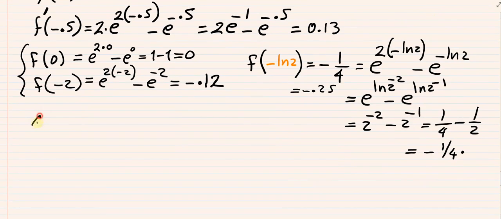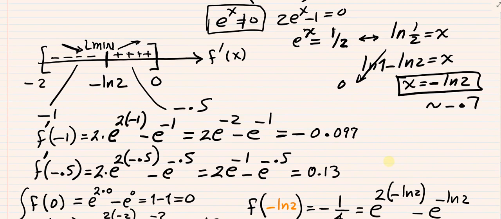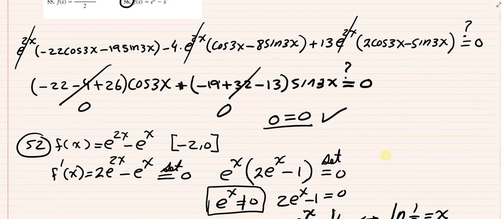So the minimum is negative 1/4, and the max is 0, and that's the absolute max. They are the extrema for this function over that closed interval. All right, so we are done with exercise 52.